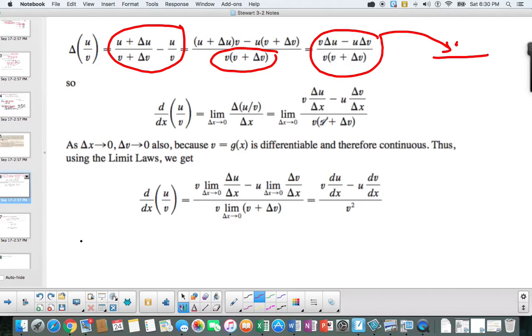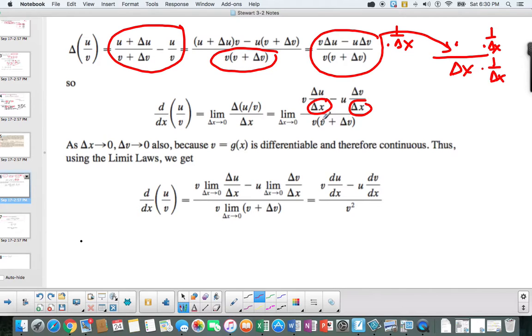All right, now to get the whole difference quotient, I'm going to have to divide by delta x. When you divide by delta x, it's the same thing as multiplying by 1 over delta x in the numerator. So that's what I'm going to do. That's where these come in. And now we can take the limit.